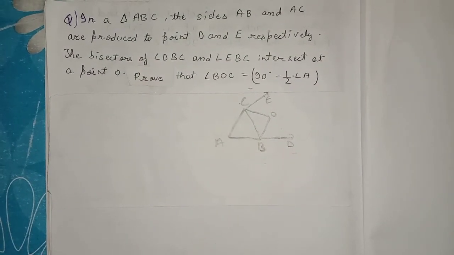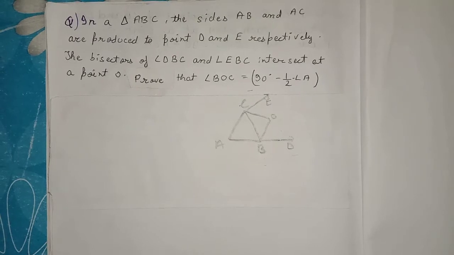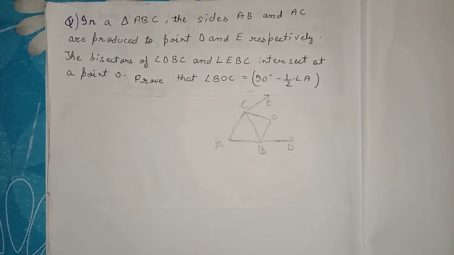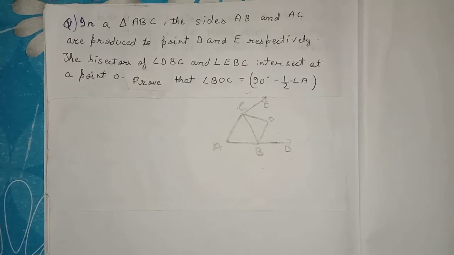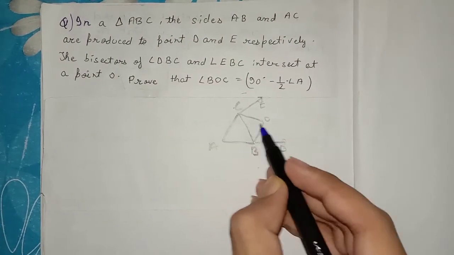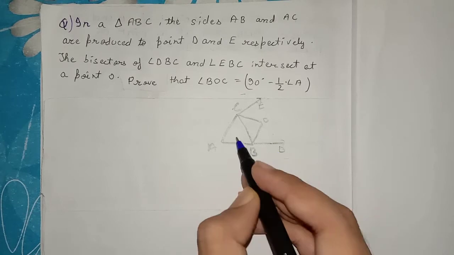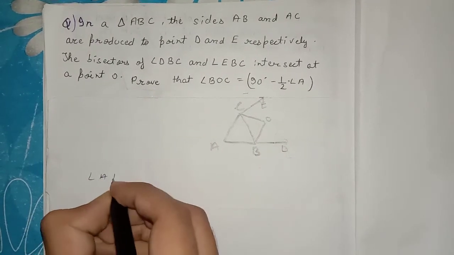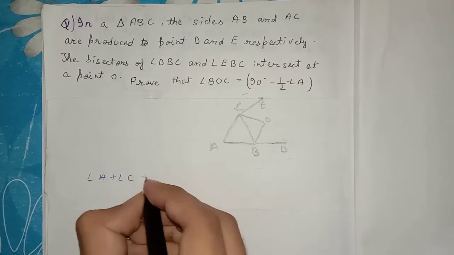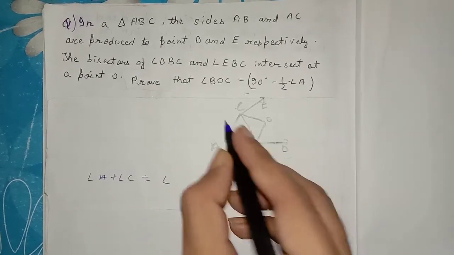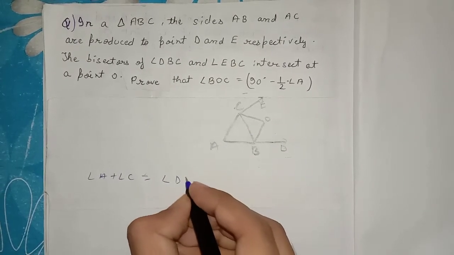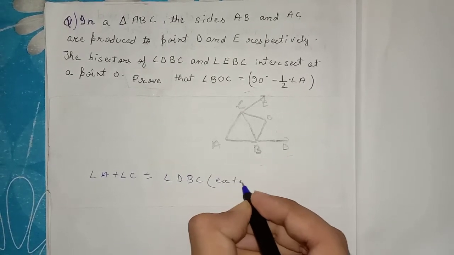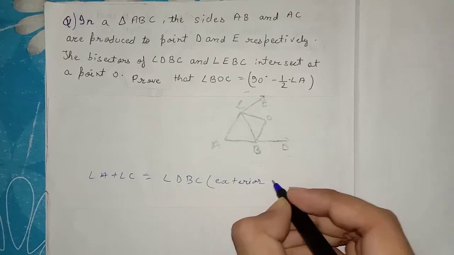So in the last video we discussed in our second theorem that the exterior angle is equal to the sum of the opposite interior angles. So angle CBD is equal to angle C plus angle A. So angle A plus angle C is equal to angle DBC. This is our exterior angle property.